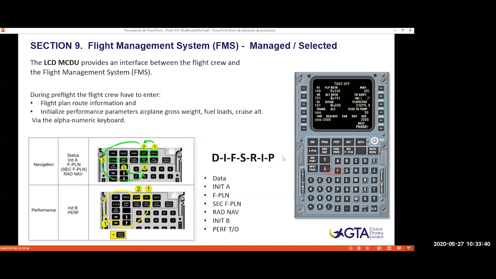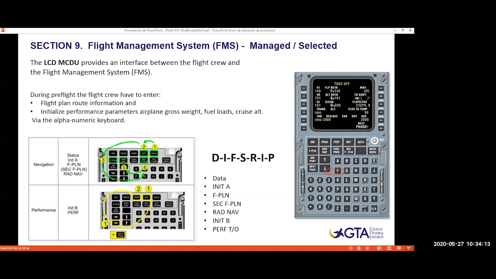At the beginning of the course, you will see that you can do it using acronyms of a phrase, which tells you key by key how you are going to introduce the data. Because on the ground, we are going to introduce all the data that we need.